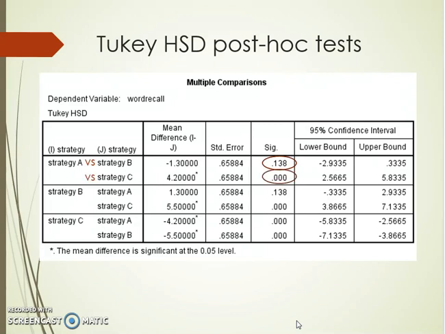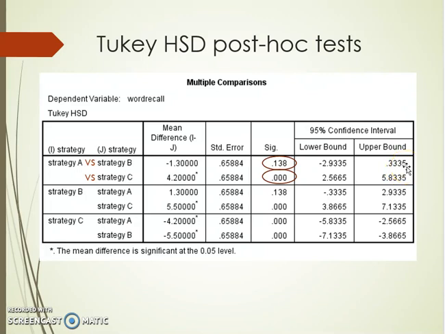However, if we look at the next row, we're comparing strategy A versus strategy C, and recognize that our p-value now is less than 0.001. So that tells us that there is a significant difference between strategy A and strategy C. Now I want to show you something over here: the confidence intervals can also tell us something about this. You'll notice that the lower bound of the confidence interval for the comparison between strategy A and B is negative, and this one is positive.